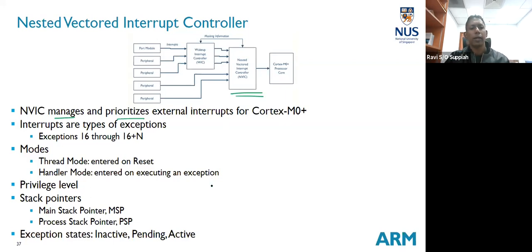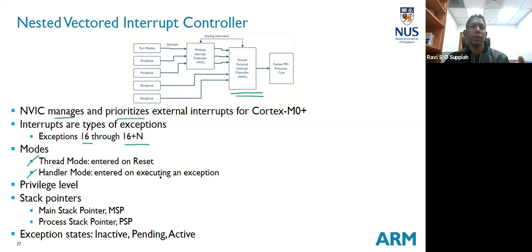In terms of interrupts, or exceptions, there are exceptions starting from 16 all the way to 16 plus n. This one I will show you later in the data sheet, where you can look at it. In terms of mode, by default, when you first start up the program, you are in what we call a thread mode. But once you are in an exception, the mode will change to handler mode.